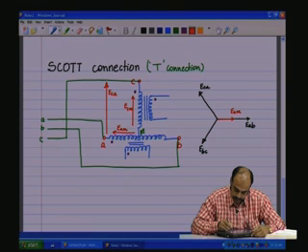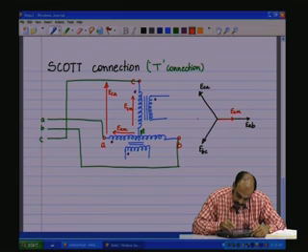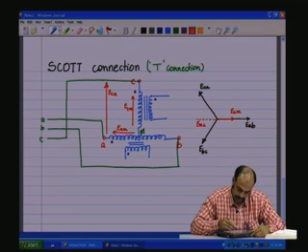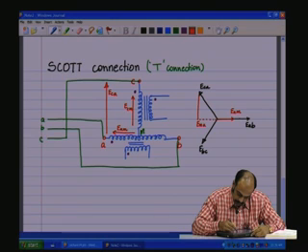Now, EMA is nothing but minus of this. This is EMA and this is ECM.